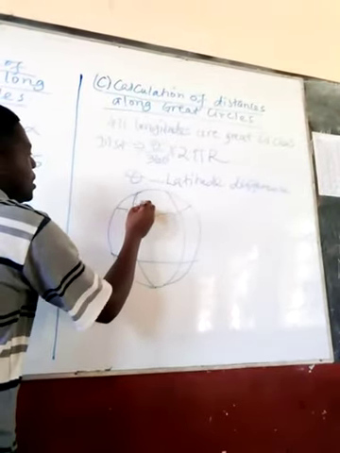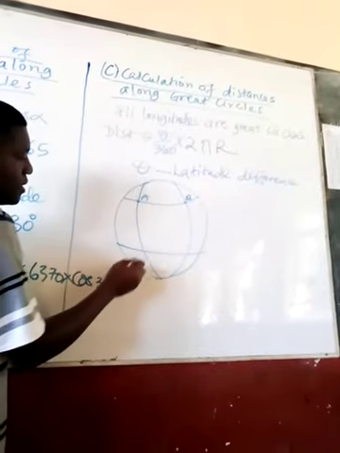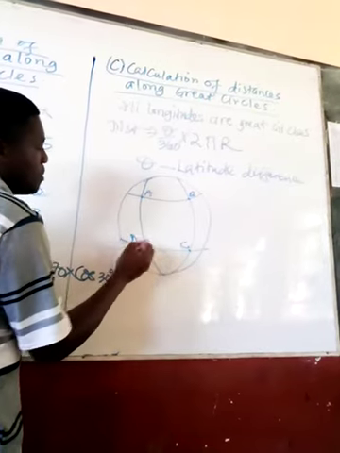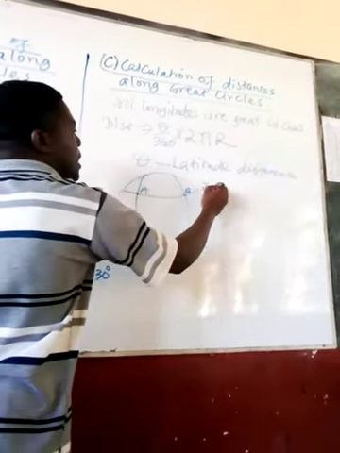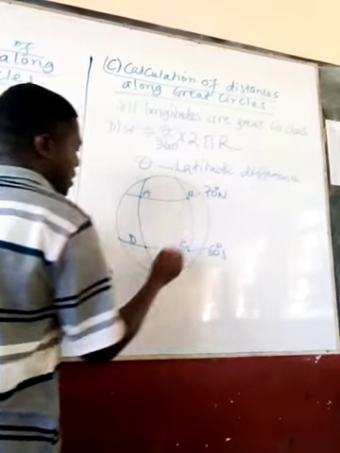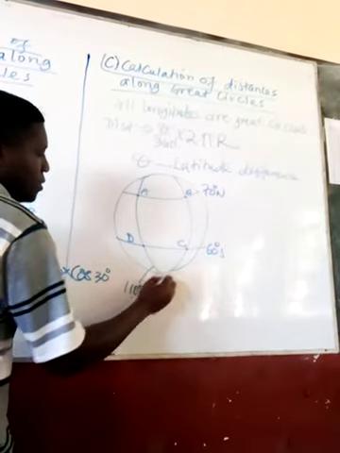Like if this is A, this is B, this is C, and this is D. Now let's allocate this as 70 degrees north, 60 degrees south, and this is 110 degrees, of course, west.